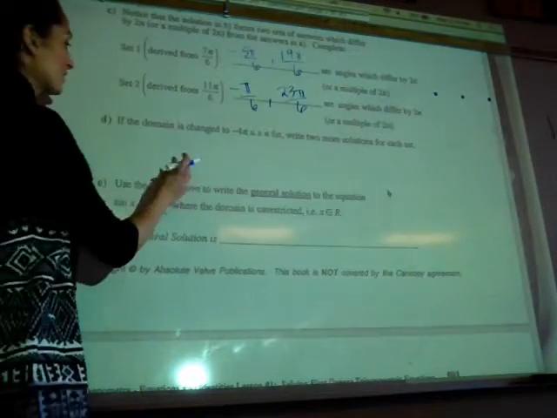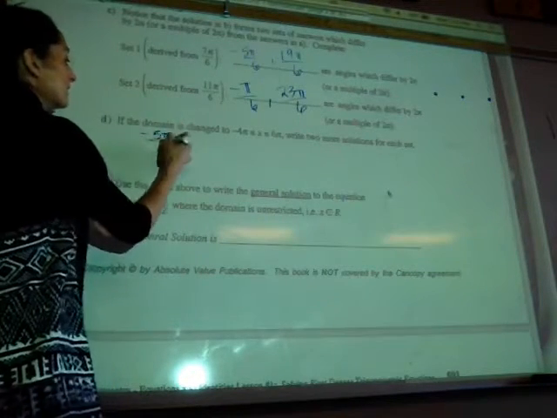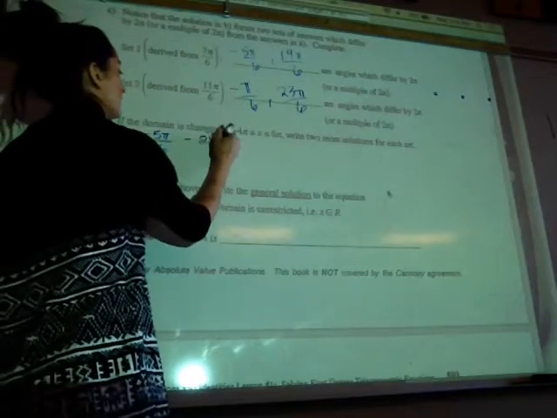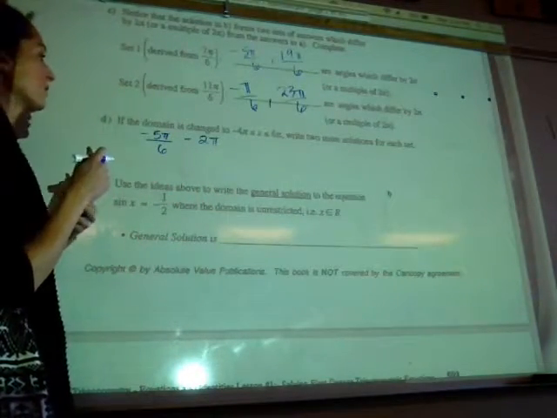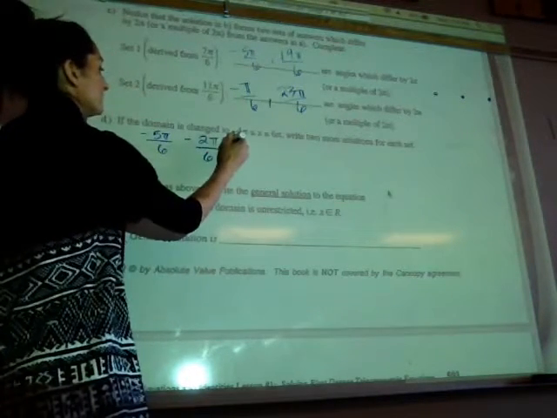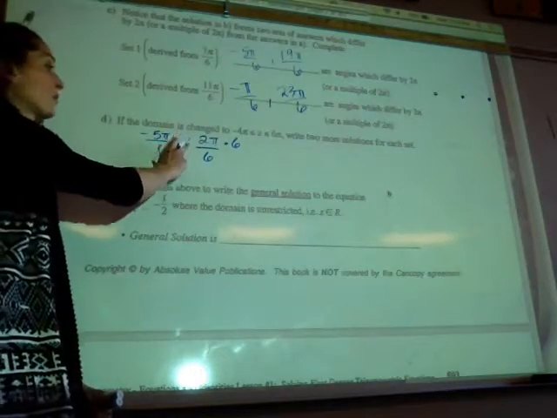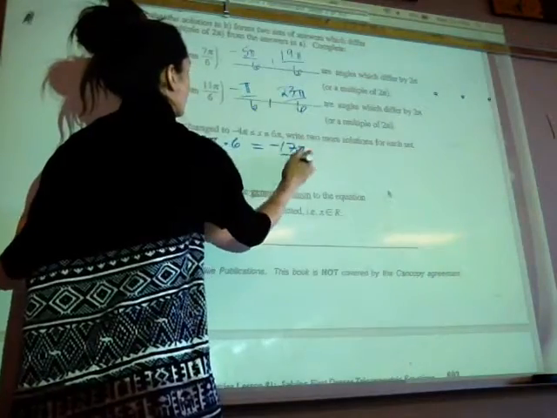So the furthest solution on the left was negative 5 pi over 6. Okay, if we subtract another 2 pi, we will get a solution that's within that domain. Okay, so we need a common denominator. We have negative 5 pi minus 12 pi. So we get negative 17 pi over 6.